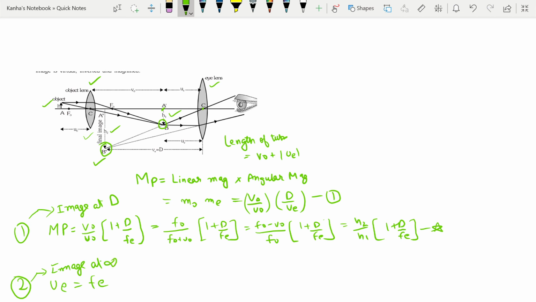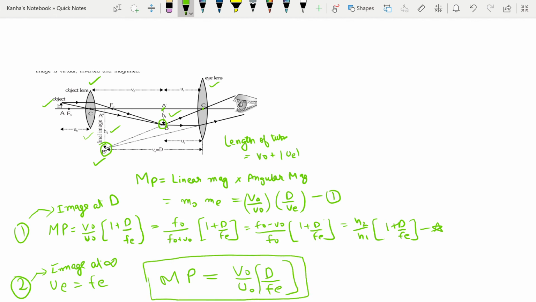So in this case u e is equal to f e, so I can write my power as v naught by u naught into d by f e. It should be clear from here, and you should see that the length of the tube again is v naught plus mod of u e.